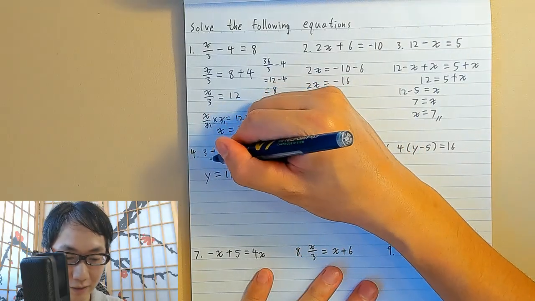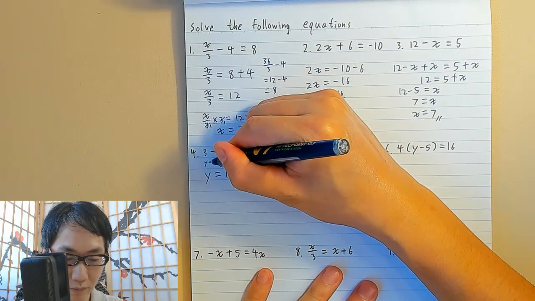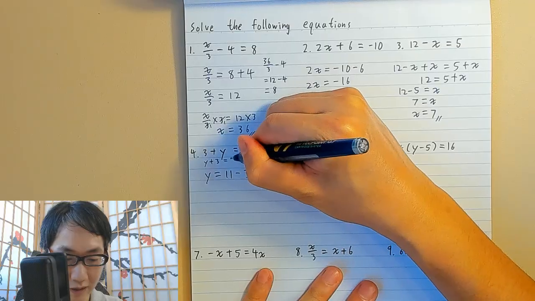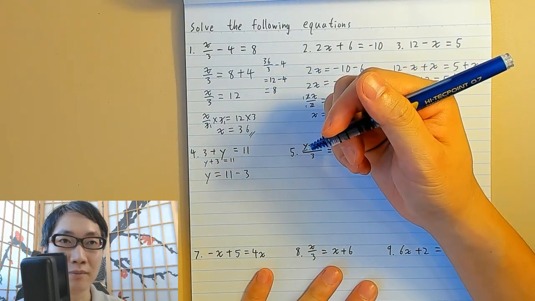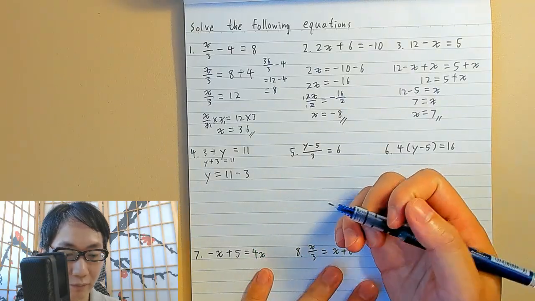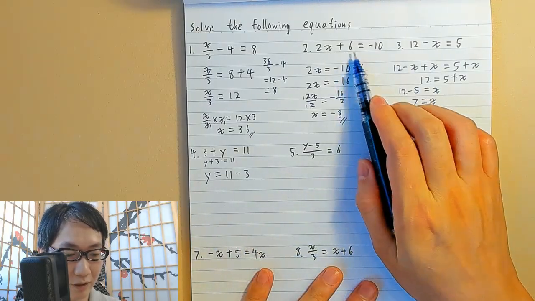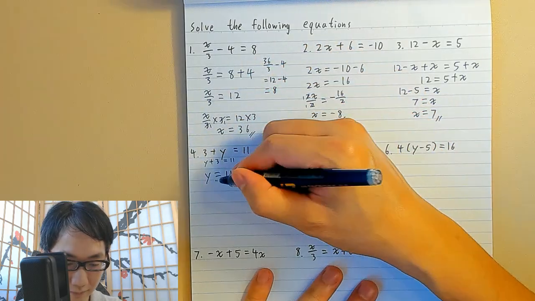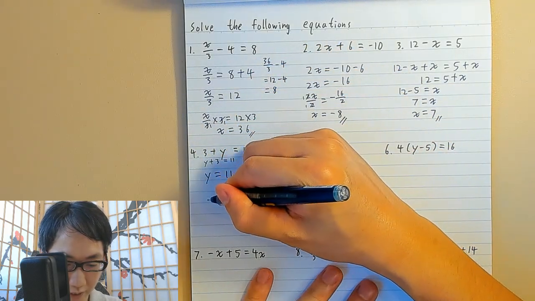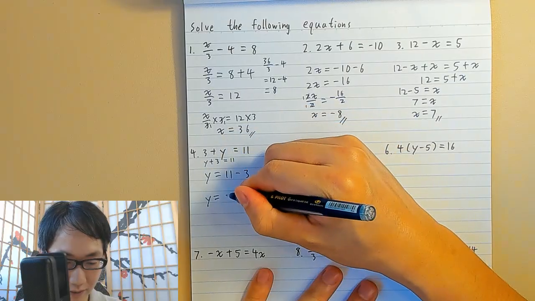So y plus 3 is equal to 11. These two are the same expression. So I just deduct 3 from both sides, like what I did here. So then y is equal to 8.